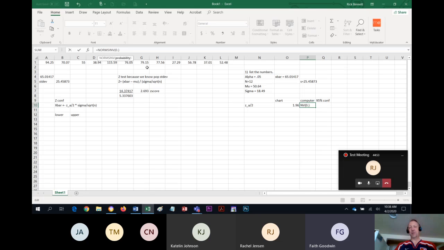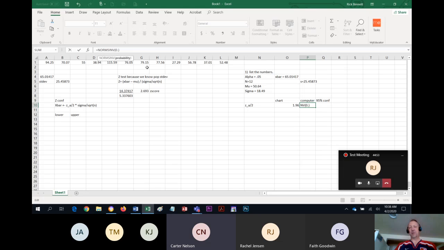There should be 2 methods, the chart and Excel, right? So you can look at the table and then do 1, subtract the table number. And then on the computer, you do 1, subtract norm dist.